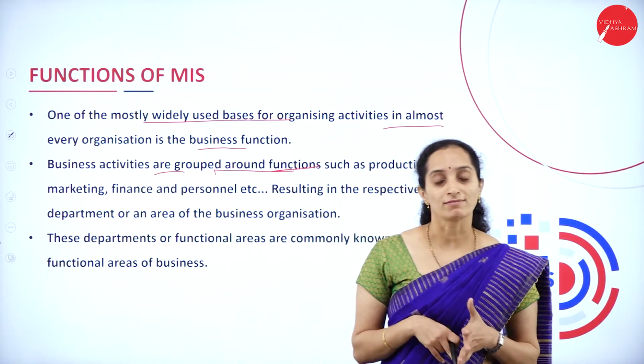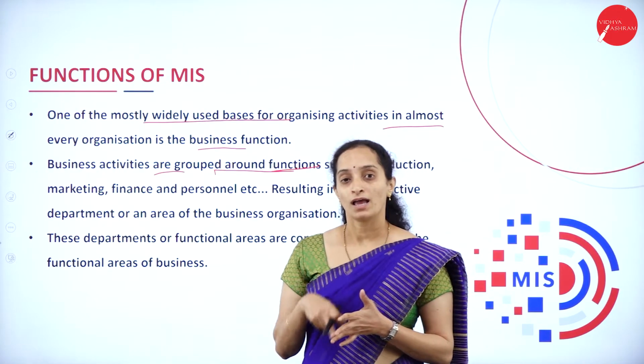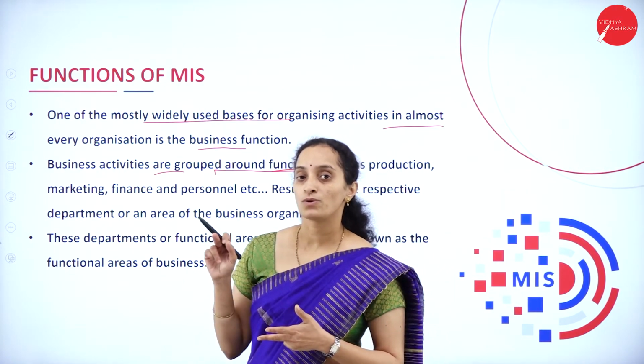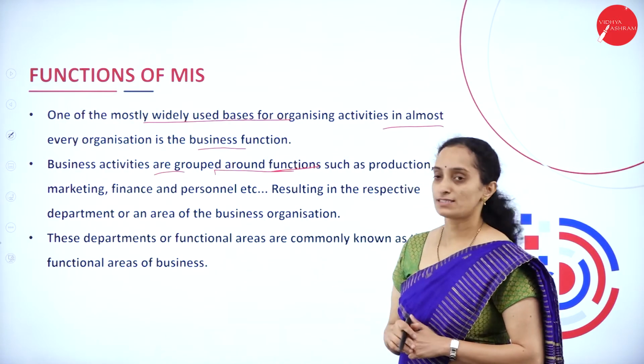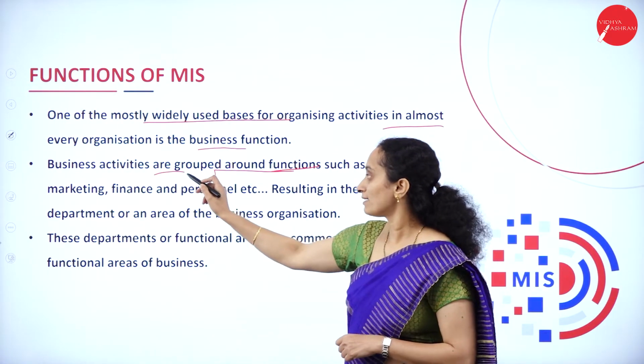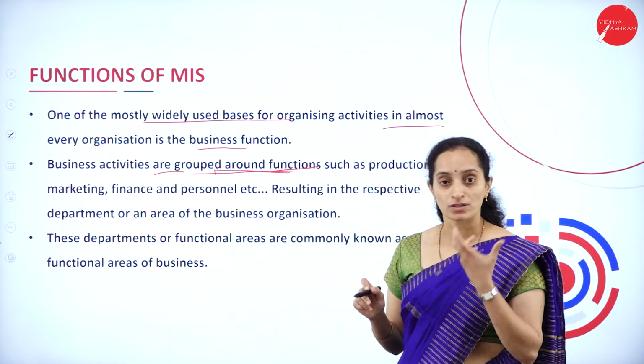In loan also we have the categories: personal loan, education loan, housing loan, vehicle loan. All these things are the various functions, isn't it? So the business activities are grouped around the functions.